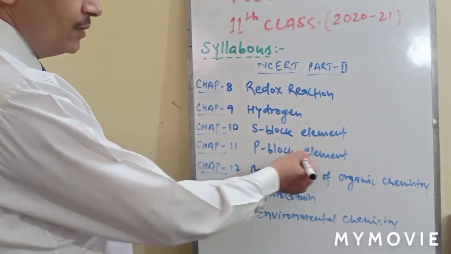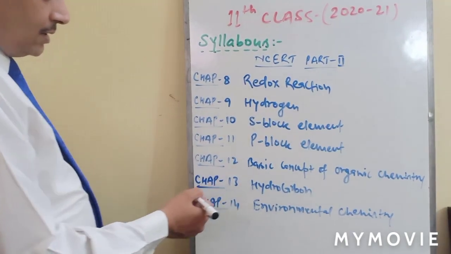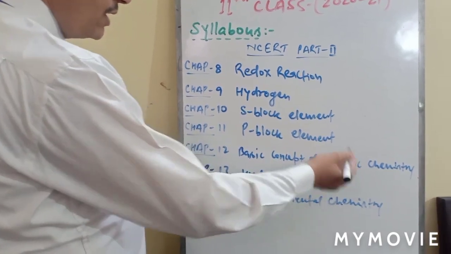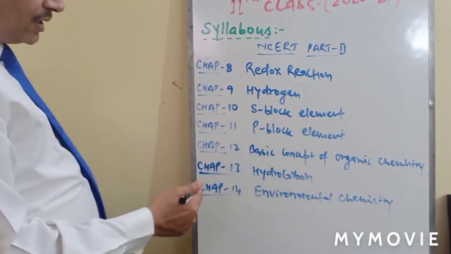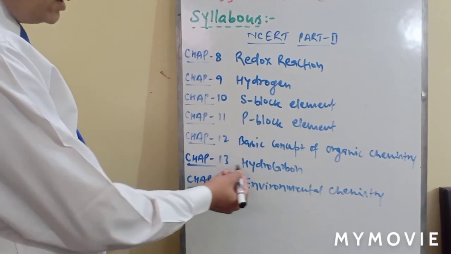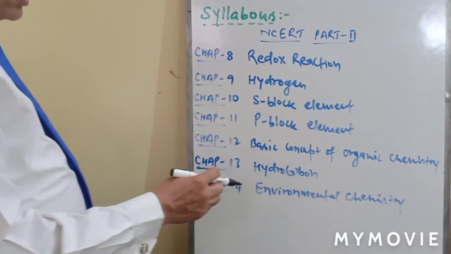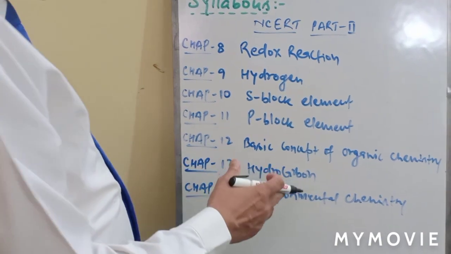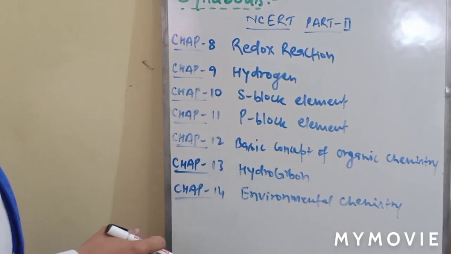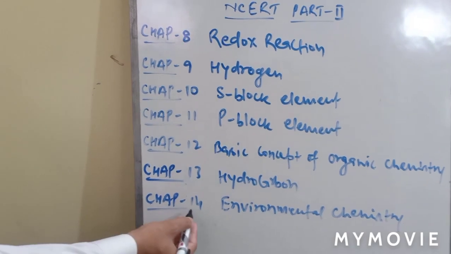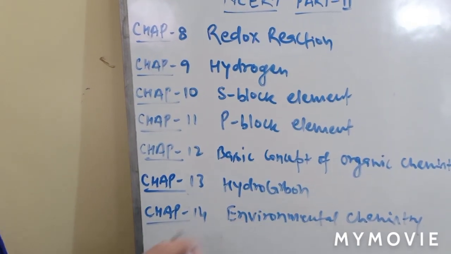Chapter 11 is the P block elements. Chapter 12 is the basic concept of organic chemistry. Chapter 13 is hydrocarbons. You have already studied a little about hydrocarbons in the 10th or 9th class, but in this chapter you will study them in detail. And chapter number 14 is environmental chemistry.